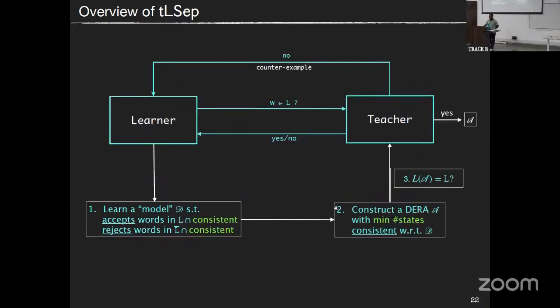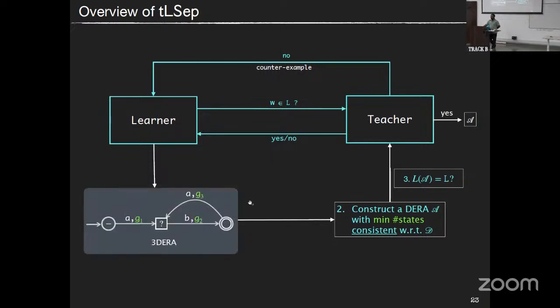So if you remember the framework of L star, here we learn a model D that accepts some words in L which are consistent and rejects some which are in L bar, inconsistent, and from that we constructed the DERA. I'll not go through the model D in detail, but it somehow looks like a DFA or DERA, but here we have three kinds of state.